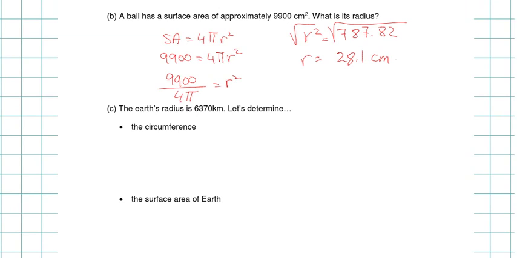Now I know Earth is not 100% a sphere. It's more like an oval shape. But we're going to use the sphere to determine the Earth's circumference and the Earth's surface area. It's an approximate number. So if I'm looking at the circumference of the Earth, let's say it's a sphere.